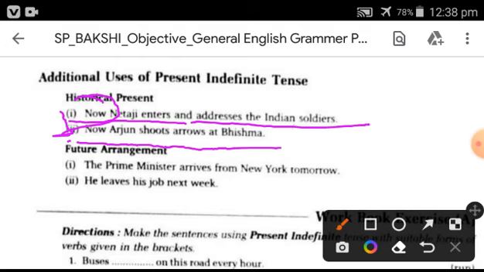When someone says now Netaji enters and addresses the Indian soldiers, Netaji addressing the Indian soldiers is a past event. But when someone says it with "now", it refers to present time.